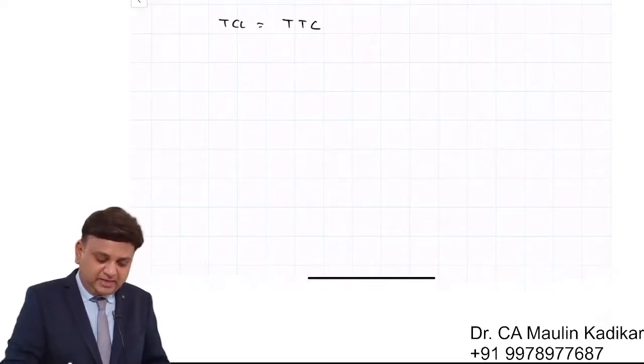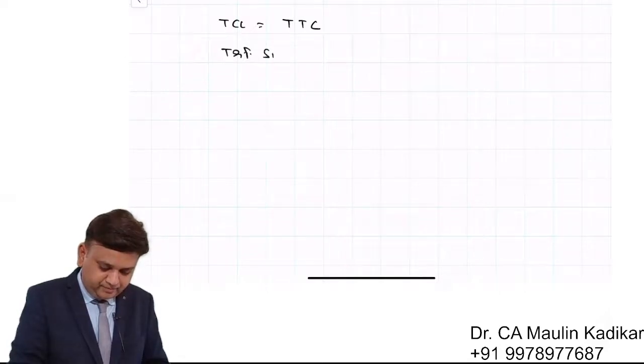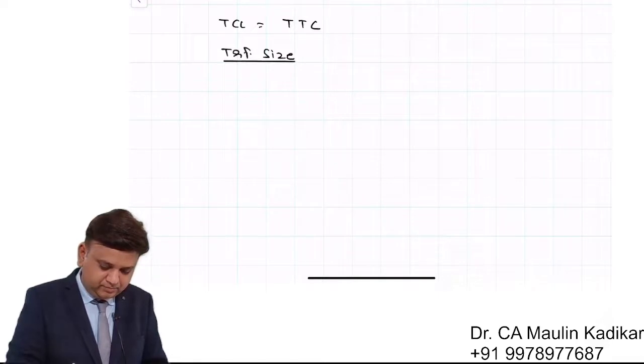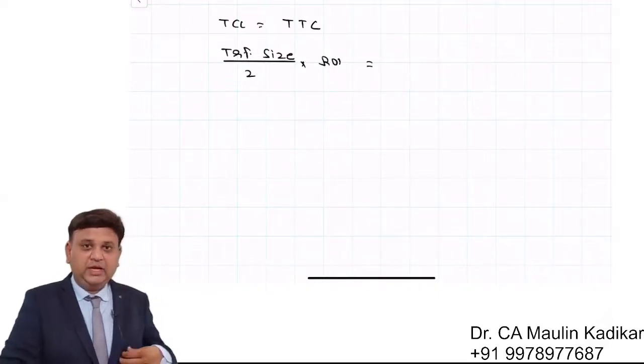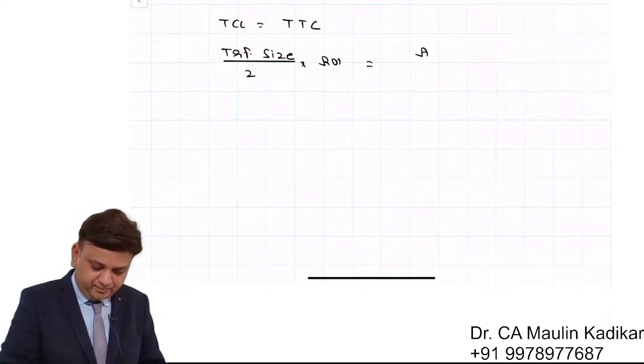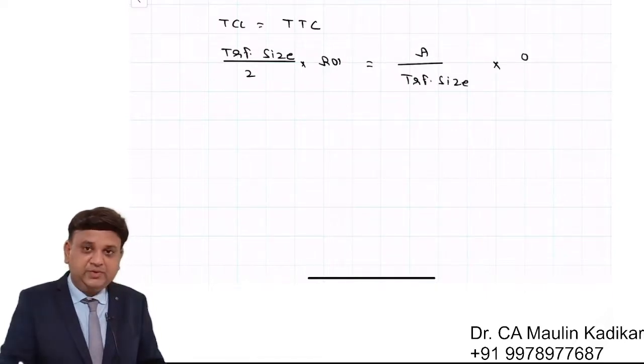Total carrying cost is calculated as transfer size divided by 2 into rate of interest, and the total transfer cost is found as A divided by transfer size into cost per transfer.